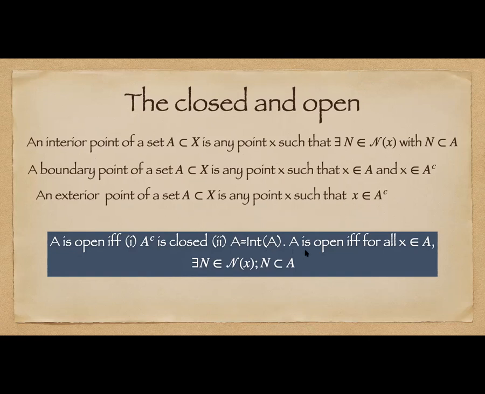You can also rephrase this: A is open if and only if for all x in A, there exists a set N in its neighborhood space such that N is a subset of A. Again, this is a collection of all points in the interior of the subset A. If a set is equal to its interior elements, then that set is said to be open.